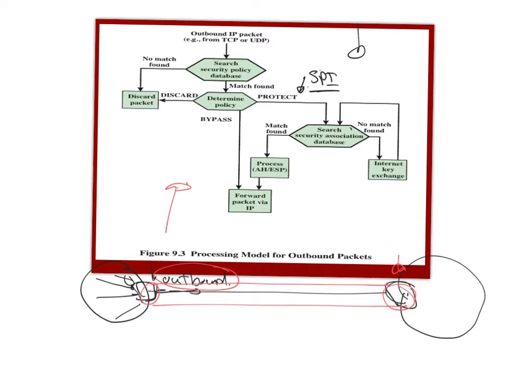If we have this SPI, we'll search in the security association database using that SPI. SPI is the primary key for the security association. So SPI will get you only one security association, or as we will see, if you are using ESP and AH, in that case you have two. We said AH is optional, right?